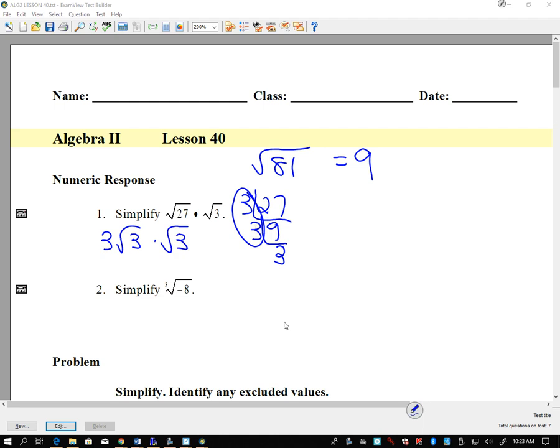Well, what's radical 3 times radical 3? Radical 9. So that would give me 3 radical 9 then, right? Well, what's radical 9? So what's 3 times 3? Do I still get 9? The first one might be easier though, okay? But I'm saying that there's more than one way to get there.